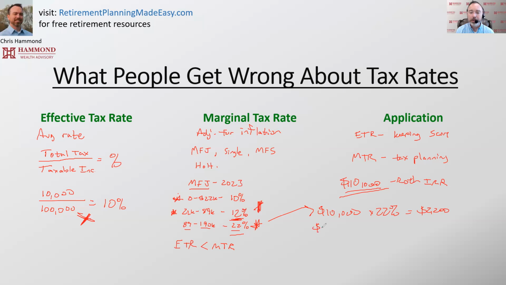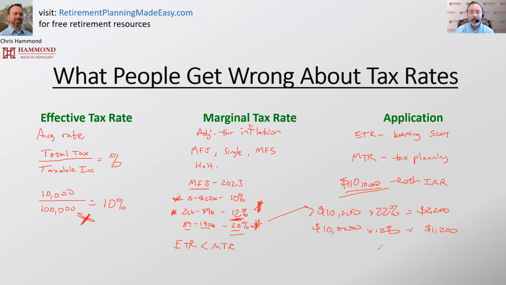And I could do that conversion next year at 12%. And if I did that, I would only pay $1,200 for the exact same Roth conversion. So that's where you have to start thinking about things like that. But it all starts with understanding what your marginal tax rate is.